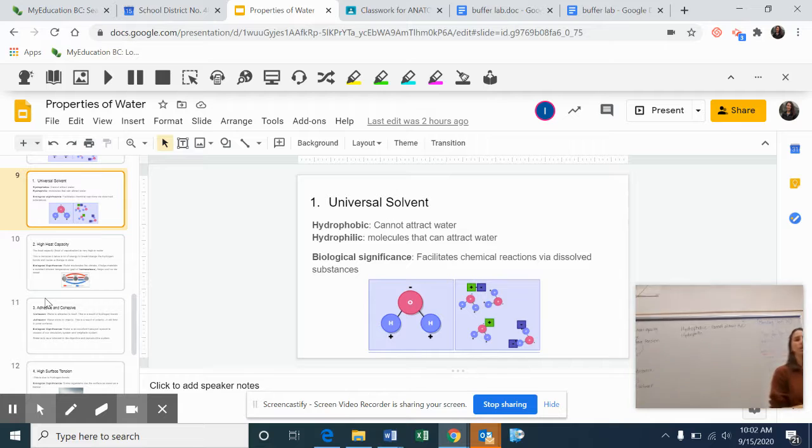And hydrophilic molecules can attract water. These two terms will come up a fair amount in cell biology and the rest of the biochemistry unit as well. They're pretty important. So different molecules are going to be either hydrophobic or hydrophilic, and they'll act differently in your body as a result of that.